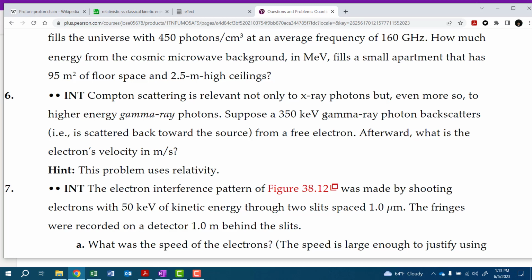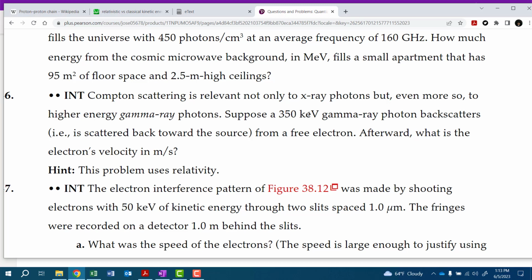Then we'll use the Compton scattering formula to figure out the shift in the wavelength. If we know how much the wavelength increases by, then we'll add that to the initial wavelength to find the final wavelength. Once we know the final wavelength, we can convert that back into the energy of the final photon to find how much energy was lost from initial to final photon.